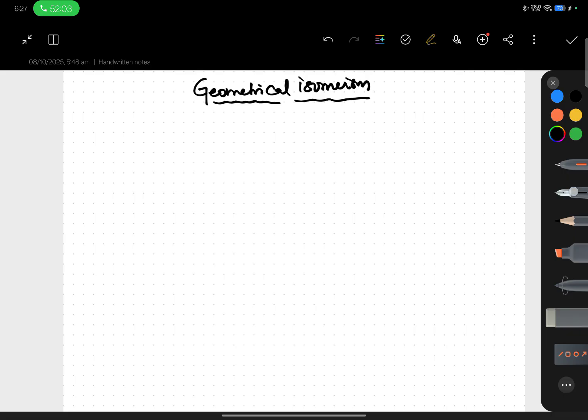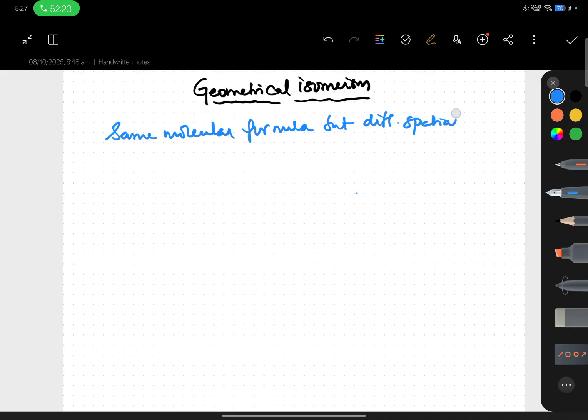So what is geometrical isomerism? Geometrical isomers, write down: same molecular formula but different spatial projection of carbon in an alkene.